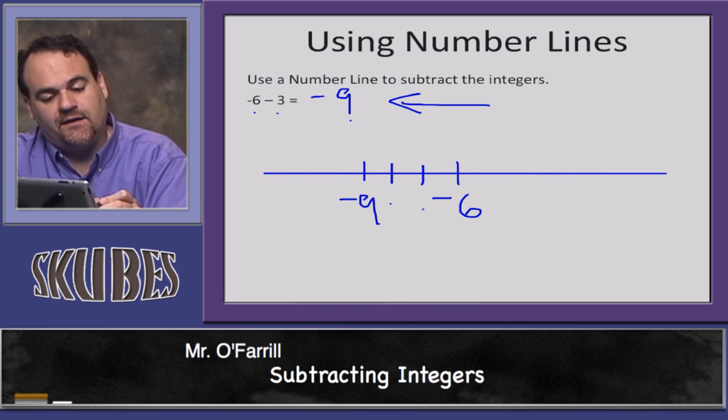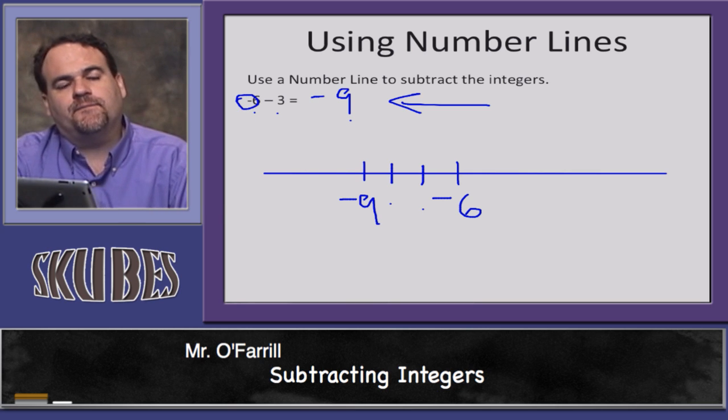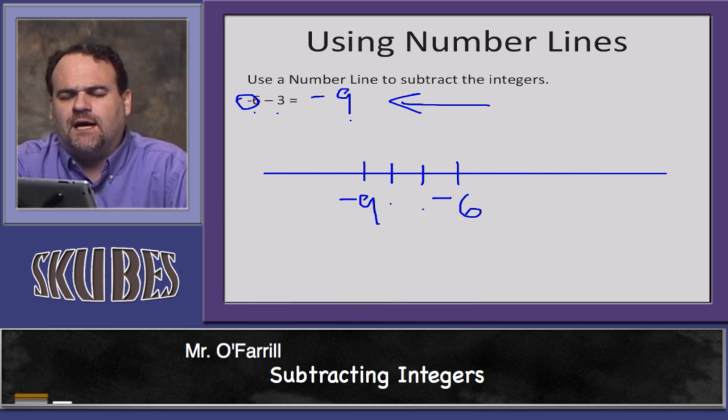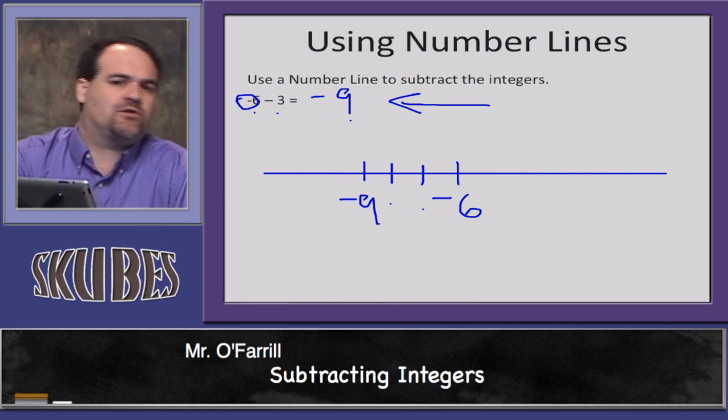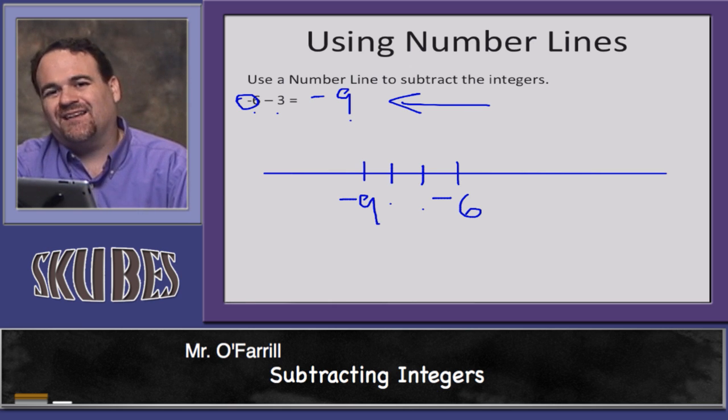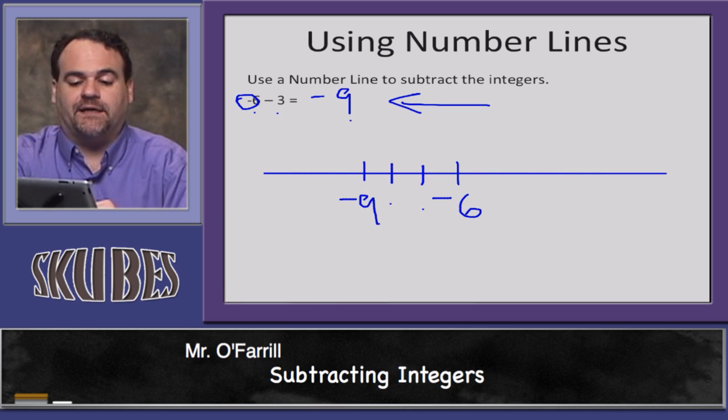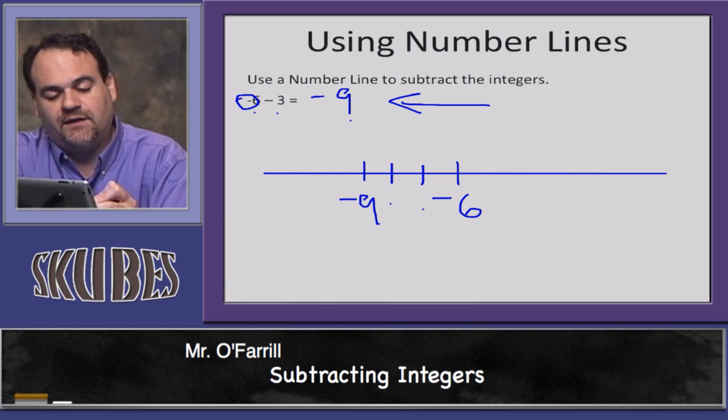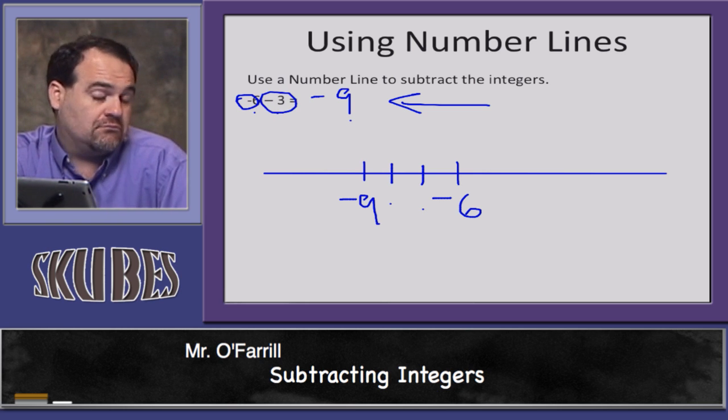We have a negative, and you can hear me say this a lot, that often the words subtraction or negative can sometimes be used interchangeably. This is effectively a -3, so to speak, that we might be adding.